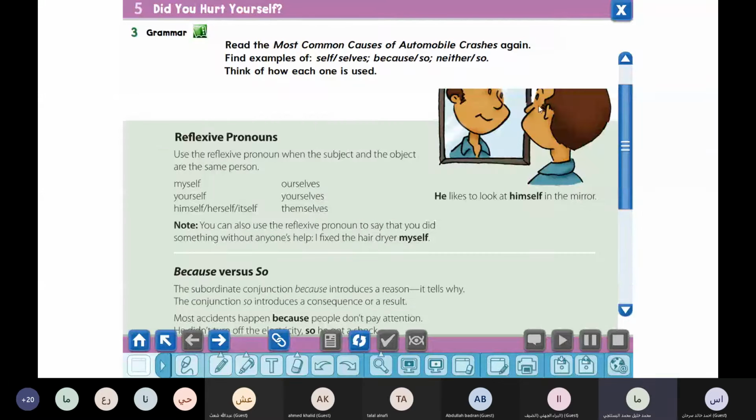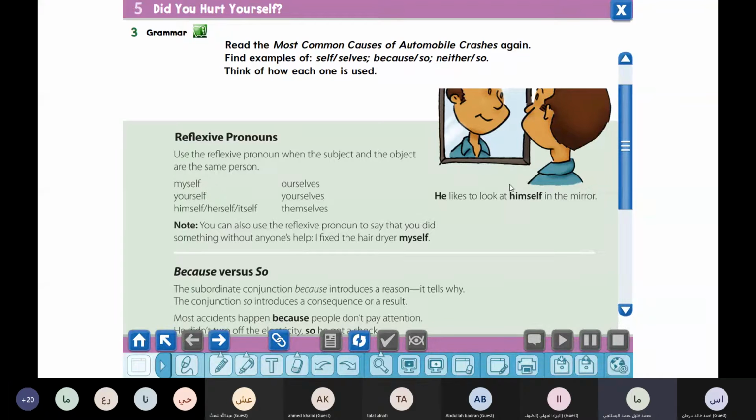So we use the reflexive pronoun here. Why? Because the subject and the object are the same person. He, Ahmed, for example, likes to look at himself. Himself refers to he, to Ahmed. So we use the reflexive pronouns when the subject and object are the same person.